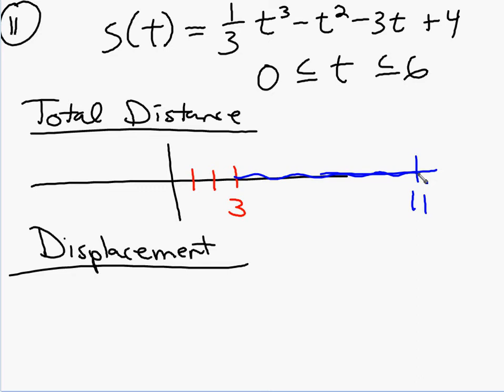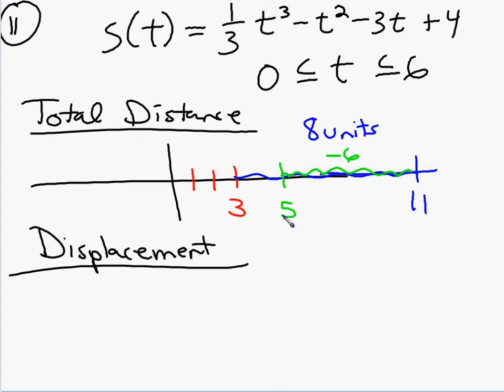So it went 8 units, right? And then it moved back to the left 6 units. Back to the left 6, which we know would be a negative 6, right? So if it went to the left 6 units, isn't it at 5?